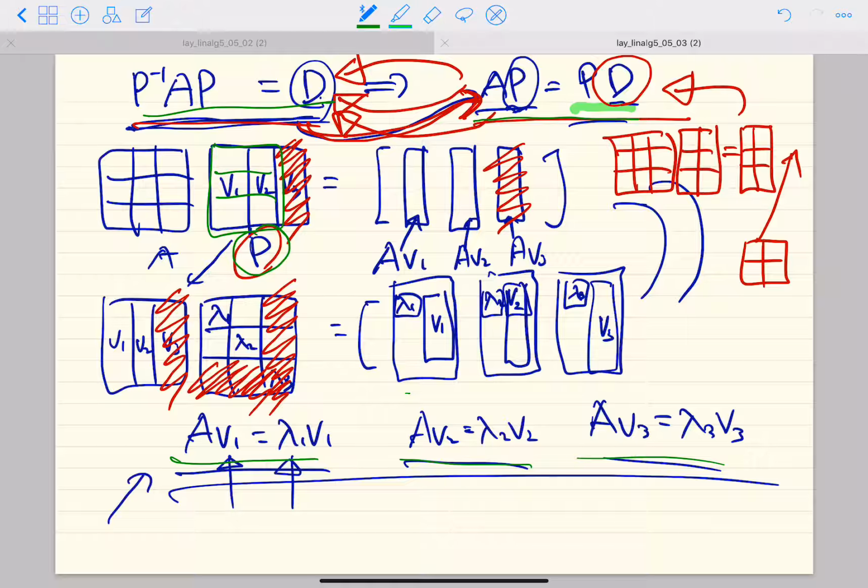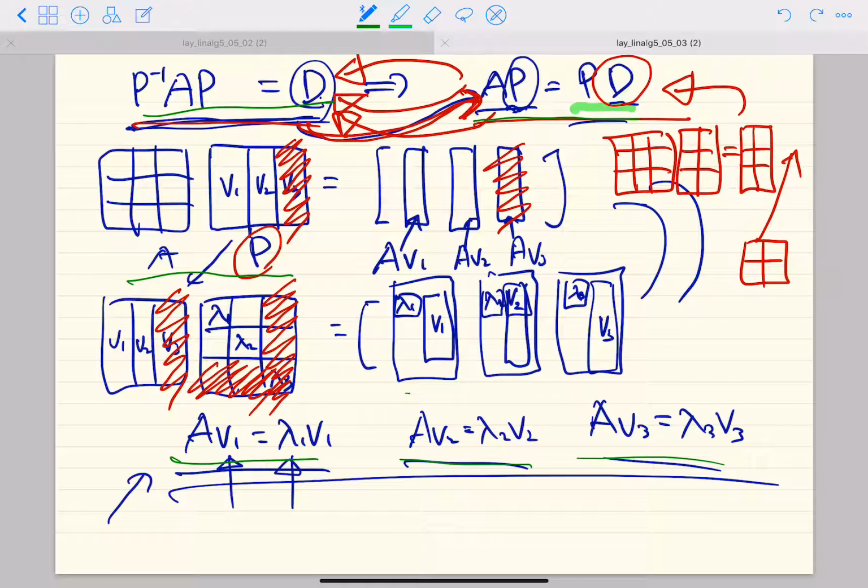Okay, and in this case, even if P is not a square matrix, AP and P times D, where D is formed as a 2 by 2 diagonal matrix, we can still see that AP is equal to PD, right?